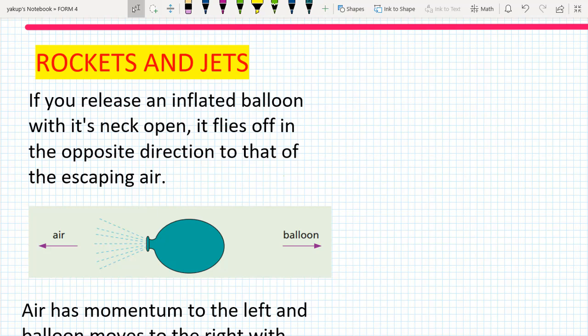As you see, there is an inflated balloon, and when we release that inflated balloon, the open neck, the gas inside, the air, is moving in this direction with speed, and after that the balloon is going to move in the opposite direction. If you release an inflated balloon with its neck open, it flies off in the opposite direction to that of the escaping air.